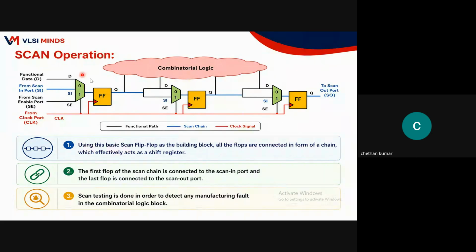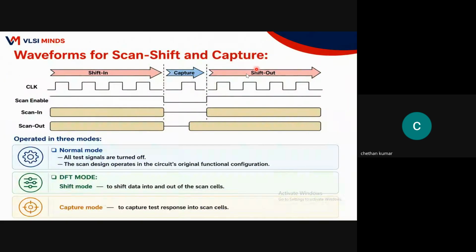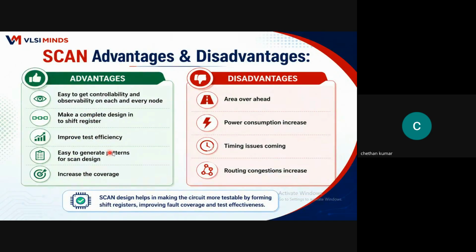So shift in and shift out will happen when SE is equal to 1, and capture will happen when SE is equal to 0. Okay, this is called the capture window, and this is called shift in and shift out, that is the load unload window.